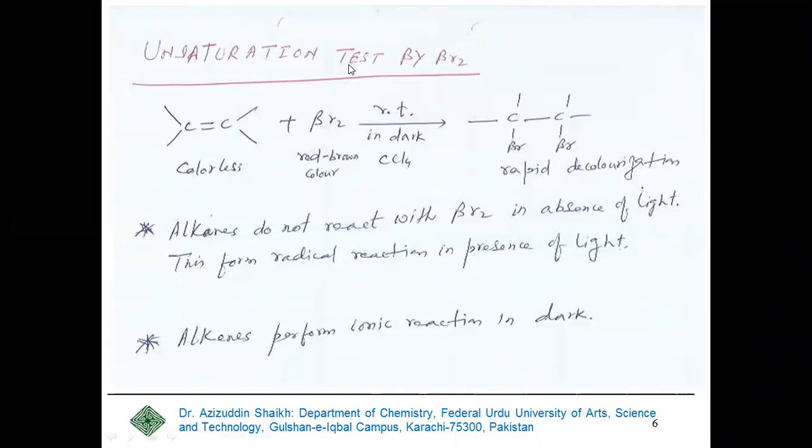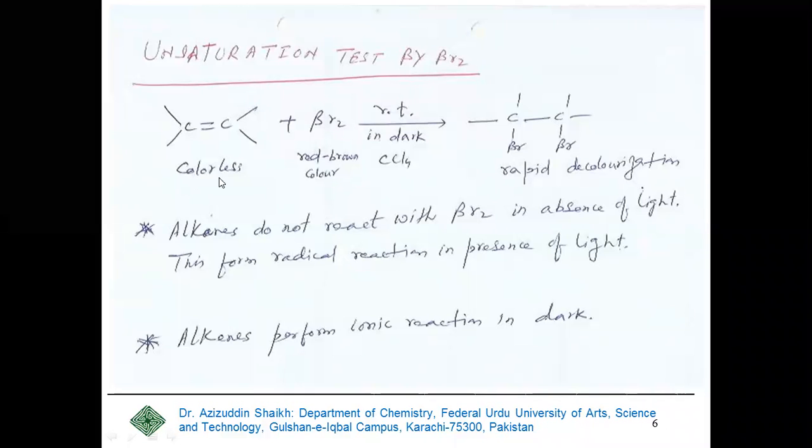Otherwise, the compound is saturated. Another unsaturation test is by bromine water: you take the bromine water and add the compound. The red-brown color of bromine disappears. It means the compound is unsaturated. An alkene may be present. So this is the unsaturation test of alkene.